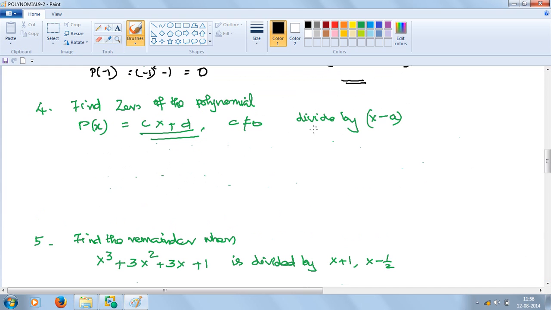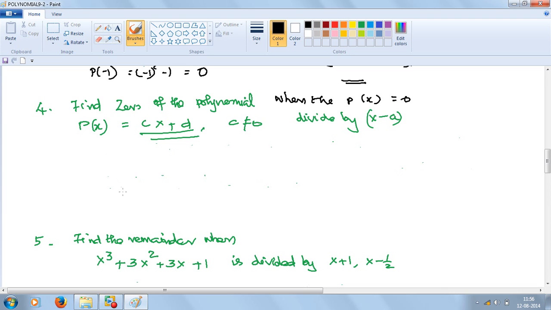The polynomial, when p(x) becoming 0. So our equation gives p(x) is equal to cx plus d, where c and d are constants. So when you divide by x minus a, what happens?